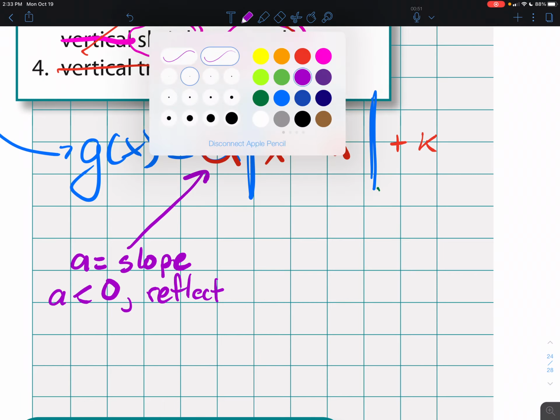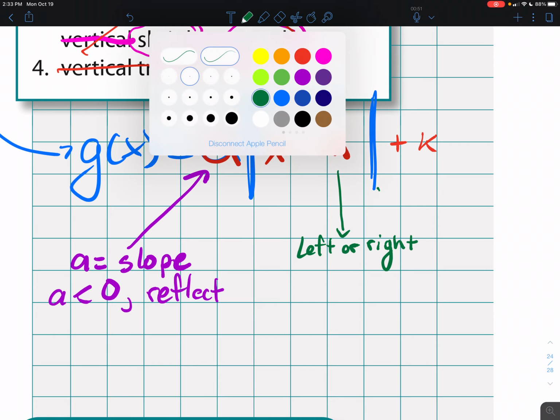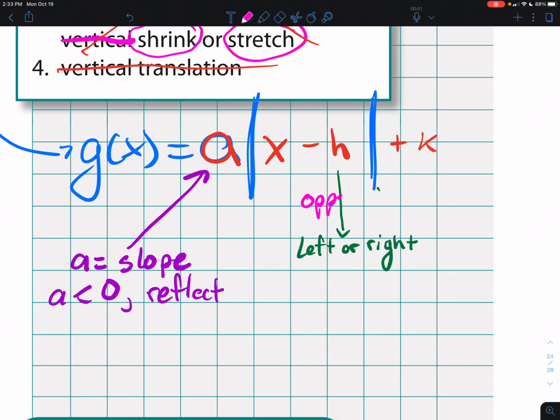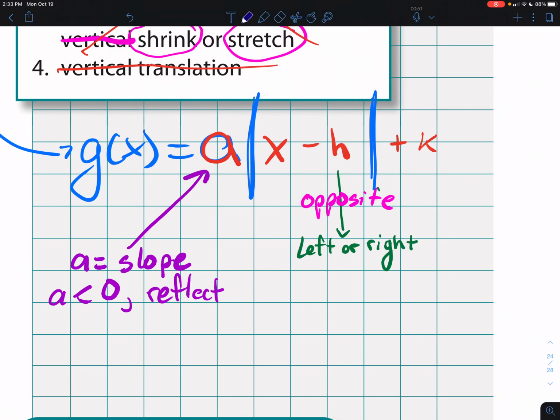The h is going to be a left or right transformation, and you use the opposite of h. And then k is your up or down, and it stays the same.